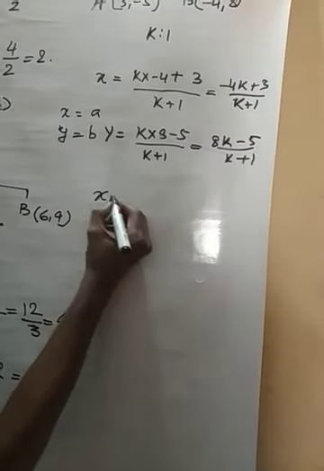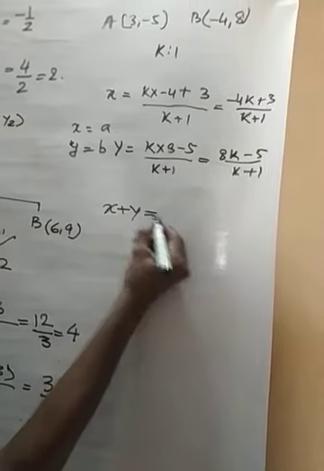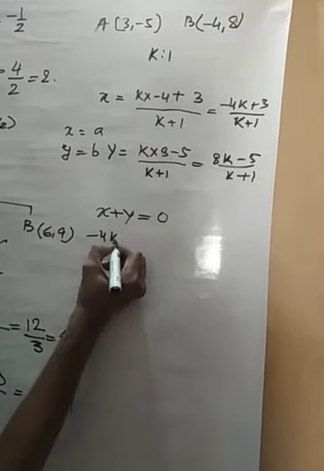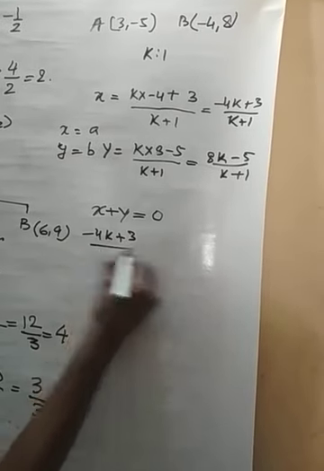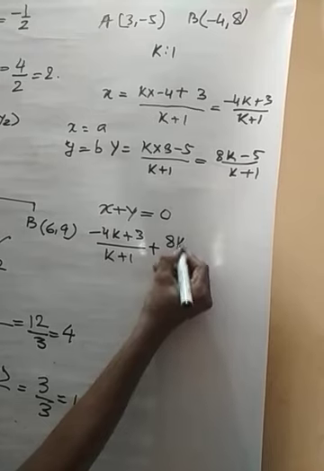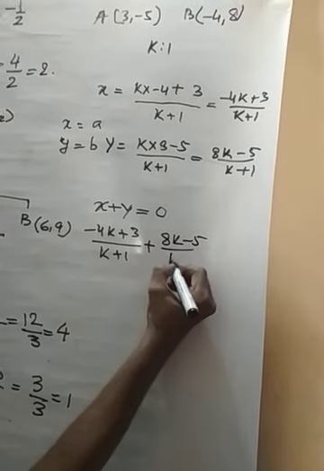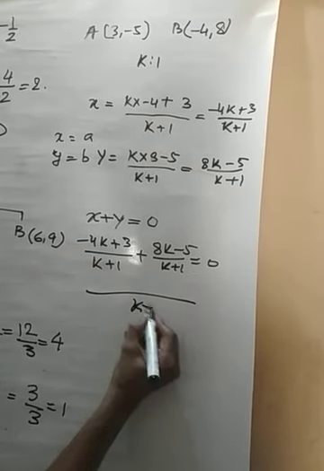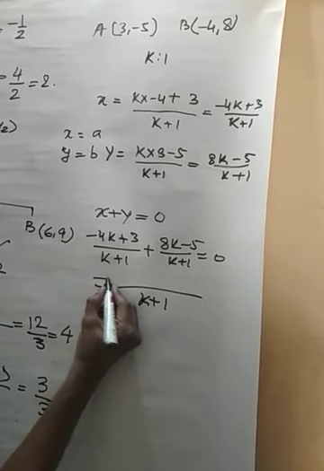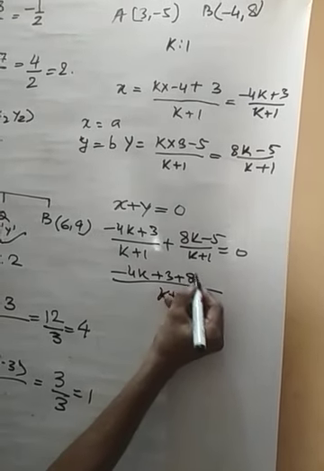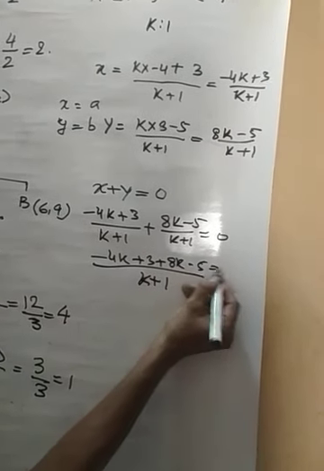Now I will put the values of x and y in the given equation, that x plus y is equal to 0. So I will write minus 4k plus 3 upon k plus 1 plus 8k minus 5 upon k plus 1 is equal to 0. So the LCM will be k plus 1, and this will become minus 4k plus 3 plus 8k minus 5 is equal to 0.